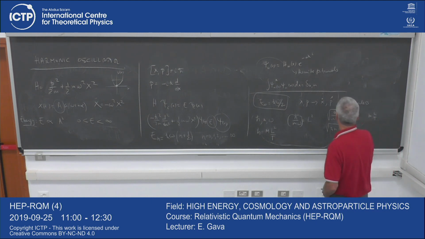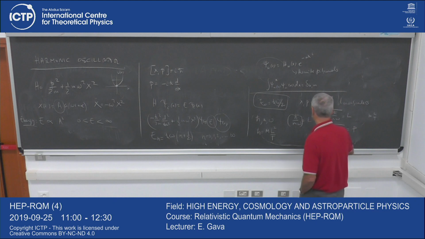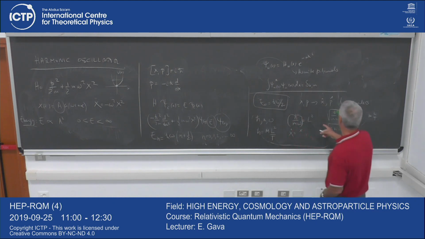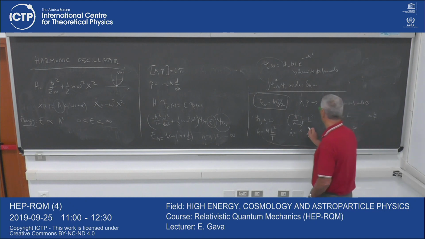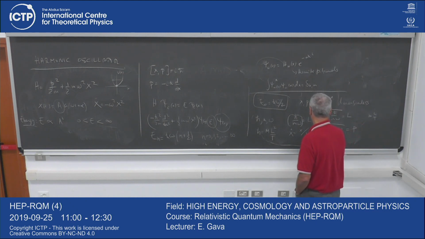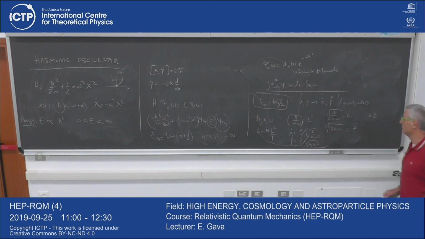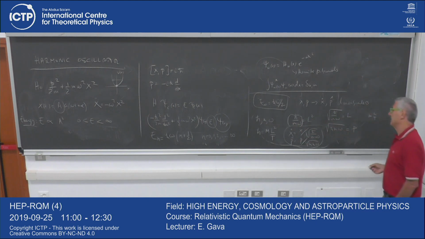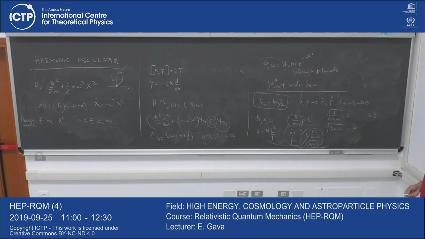So the dimensionless quantities are x hat, which is just x divided by this length, and p hat, which is p divided by this momentum. This is because we have h bar. This is just a rescaling of the variables.